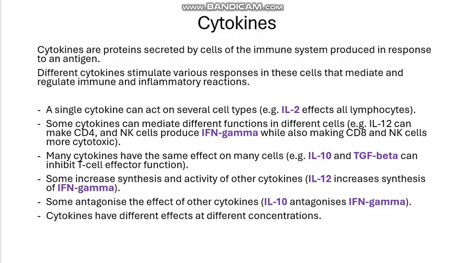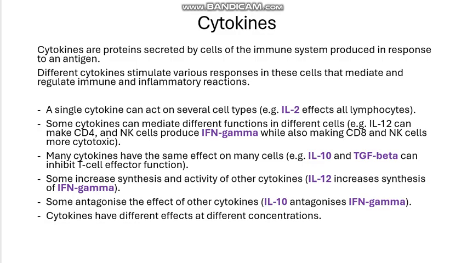Many cytokines have the same effect on many cells, though. For example, interleukin 10 and TGF-beta can inhibit T cell effector function, indiscriminate of the type of T cell it's interacting with. Some increase synthesis and activity of other cytokines.